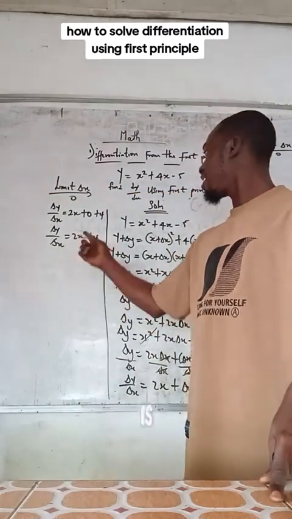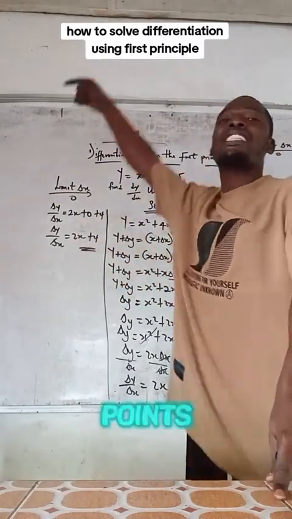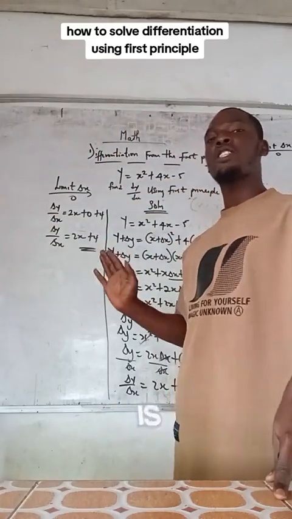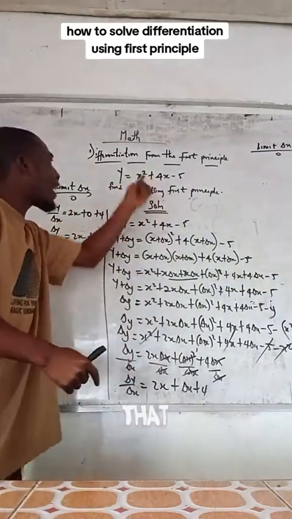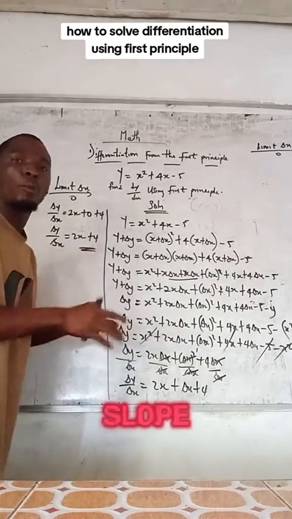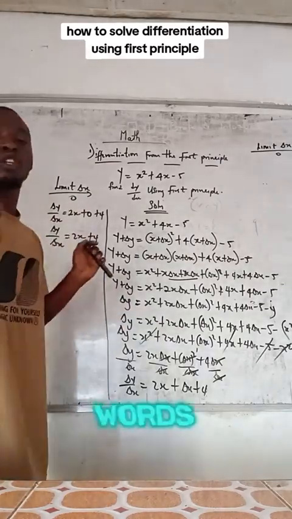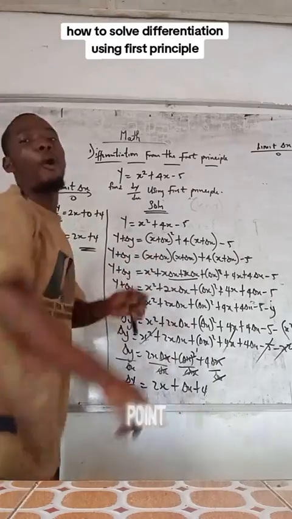If my point is 2, that is 2 times 2, which is 4, and 4 plus 4 is 8. So at x equals 2, my slope is 8. The job of differentiation is to resolve the function to a simpler function that gives you the slope, then input the value of your point as x to find the slope at that point.